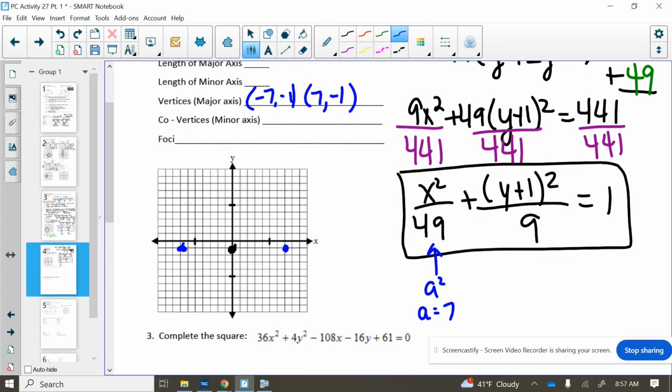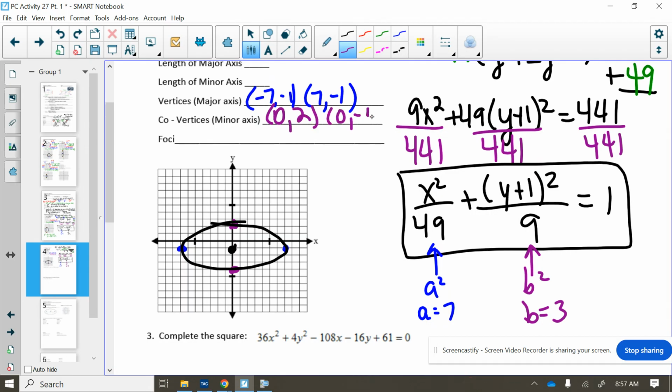On each of these. And then our b squared value this time is going to be 9. So b is 3. That's coming underneath the y, so we're going to move up and we're going to move down b units. So we can see kind of our little shape of our ellipse. And if you're going 3 units up or down, you'd be at 0, 2, and 0, -4. All right, last but not least, c squared this time is going to be found by taking our a squared minus our b squared.